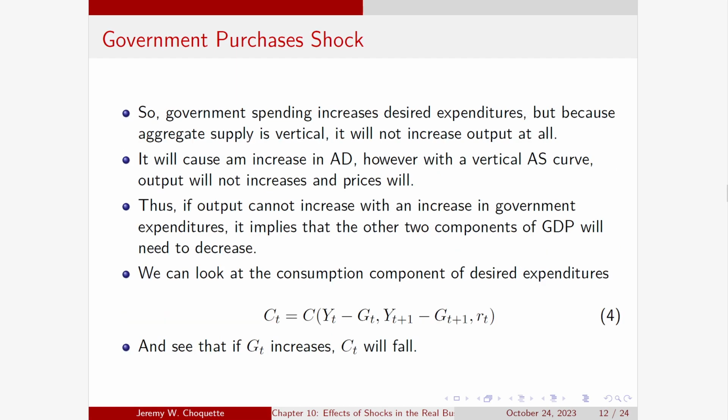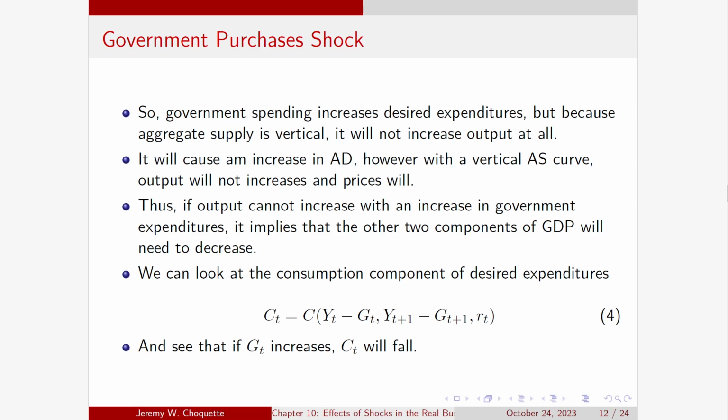So government spending is going to be increasing desired expenditures, but because aggregate supply is vertical, it's not changing output at all. So it's going to cause an increase in aggregate demand, but with a vertical aggregate supply curve, output won't be increasing and prices will be increasing. If output can't increase with an increase in government spending, it implies that the other two components of GDP are going to have to decrease.